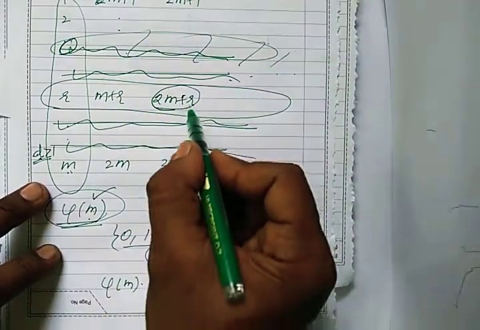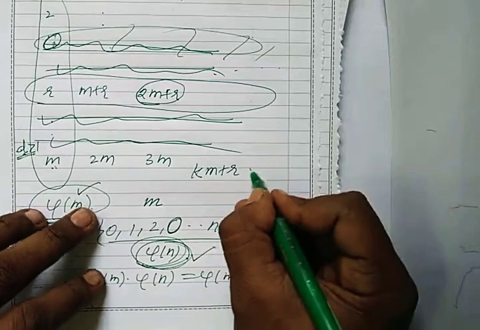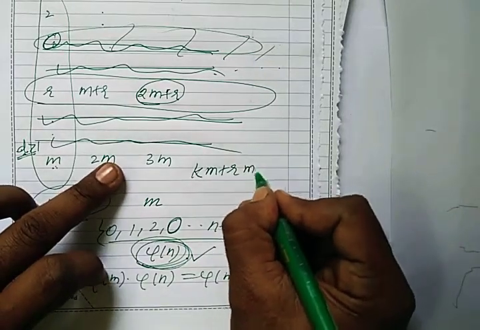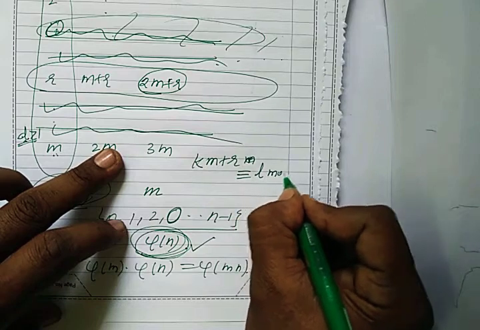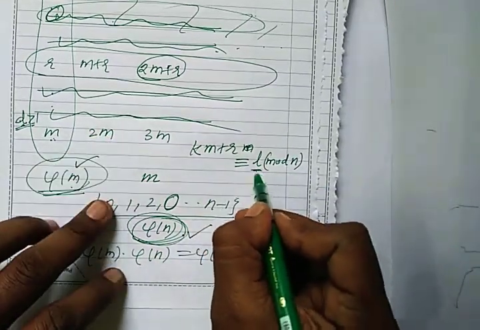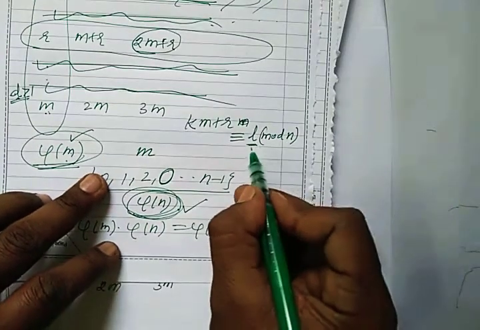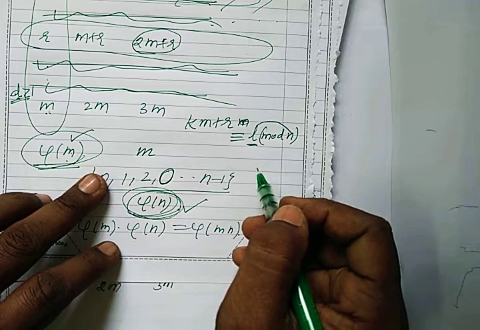Similarly, suppose some km plus r is congruent to some L mod mn. Suppose this is not relatively prime with n. That means L and n have a common divisor greater than 1.